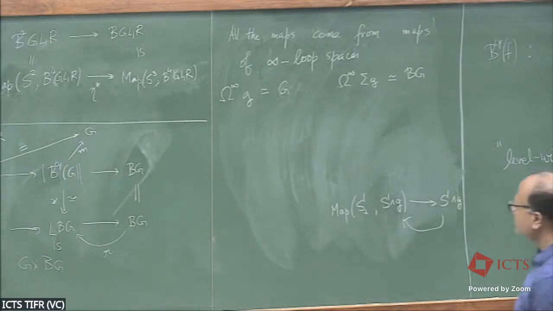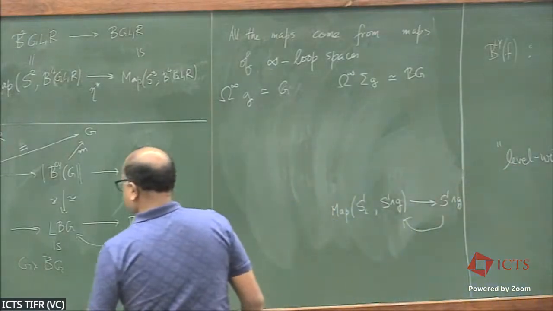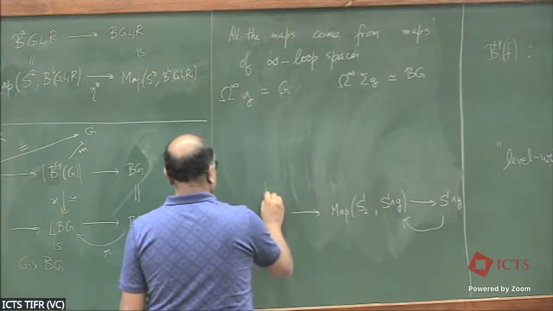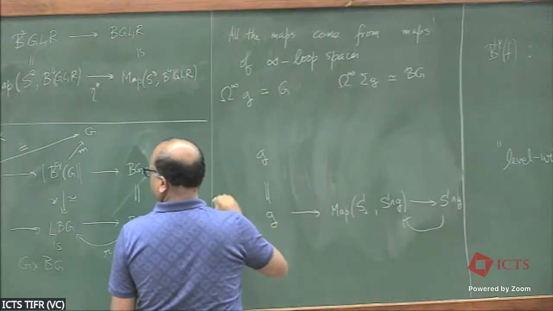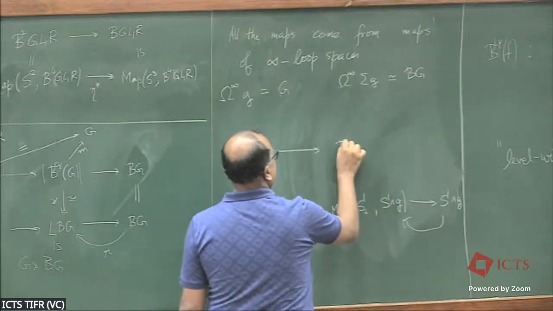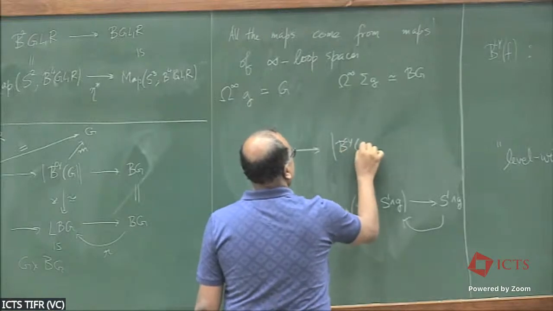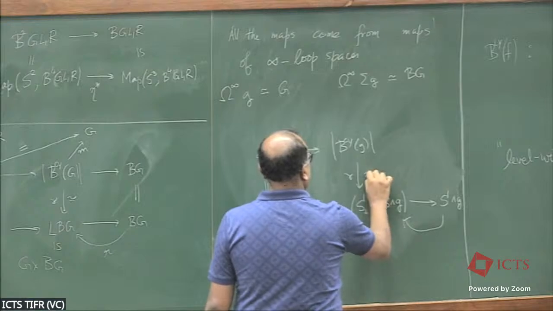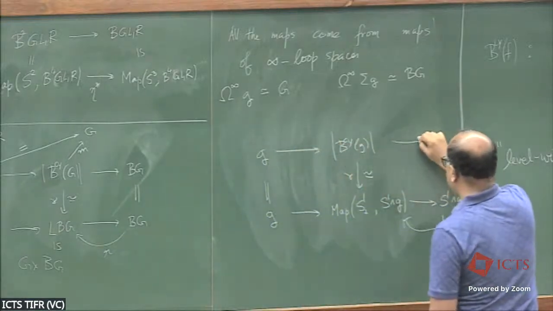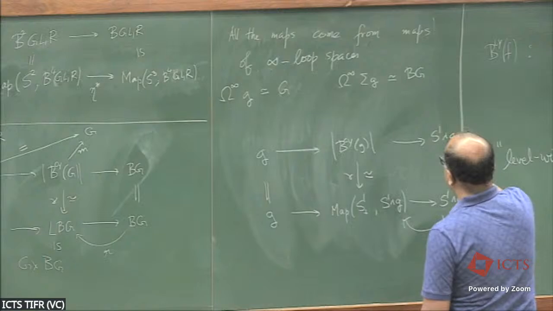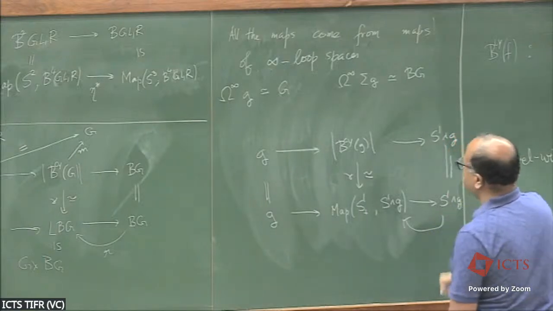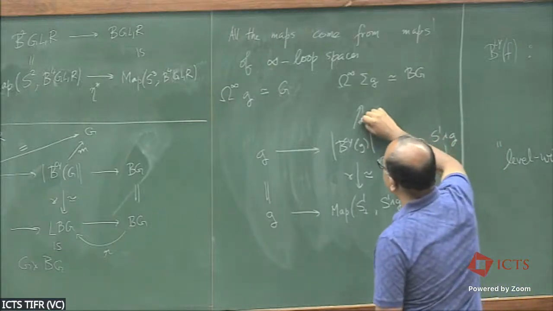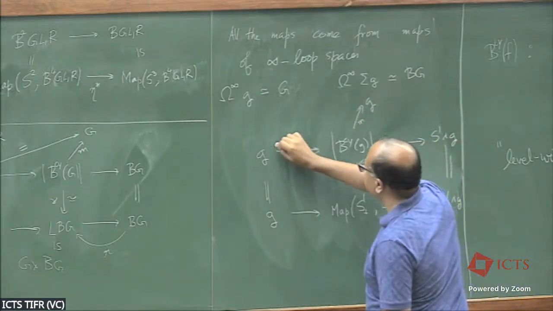So it goes like that. This is G, this is G, this goes as a cyclic bar construction on G. This goes to S1 smash G. And here I'm using M goes to G. Okay.